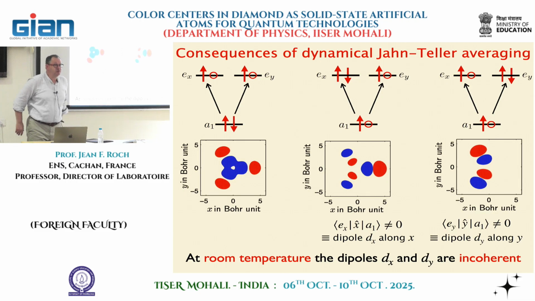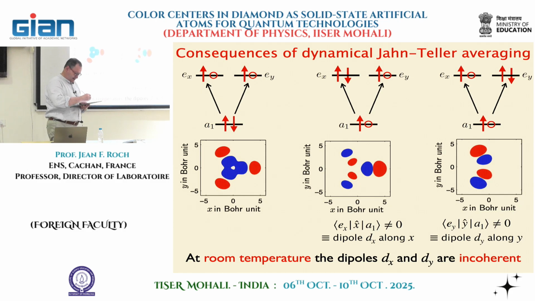Okay, let's consider now the transition between the different systems. I can go from here to here. In this case, this will be the transition. The transition will be to take that electron and put it, for instance, on the AX state.